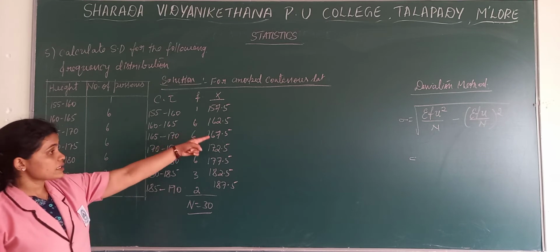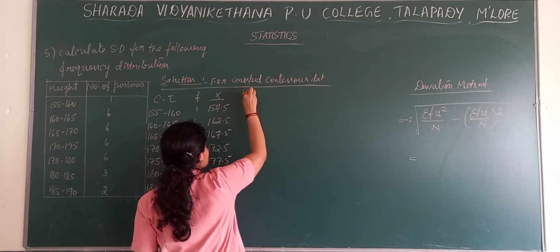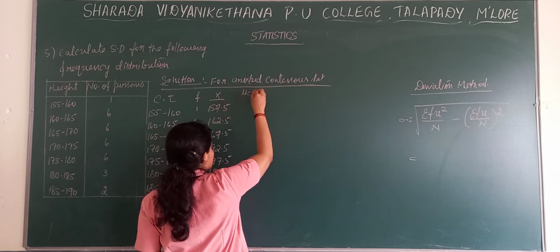Then next we need to find u, and u is nothing but x minus a divided by c.